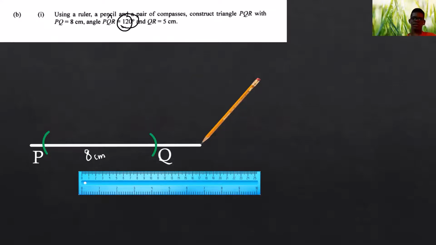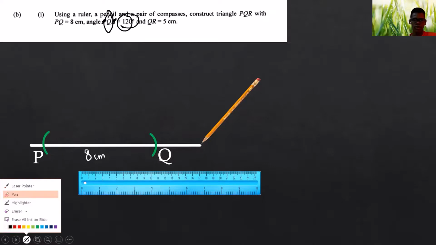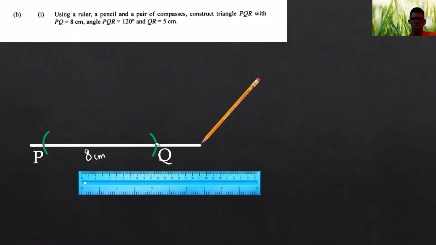So just look at the letter in the center. You can ignore the other letters and just look at the letter in the center, and you know where that angle is. So that angle is on P, and we're going to construct 120 degrees on P. On Q, sorry, I'm saying P, apologies.